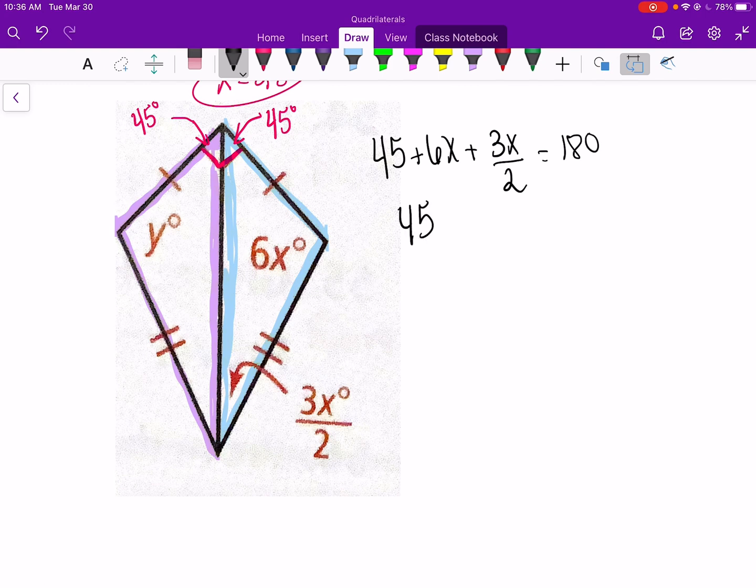So 6x plus 3x over 2 gives us 15x over 2. And then we subtract the 45 from both sides. So 15x over 2 is equal to 135.